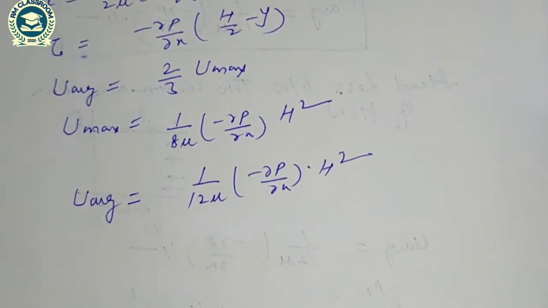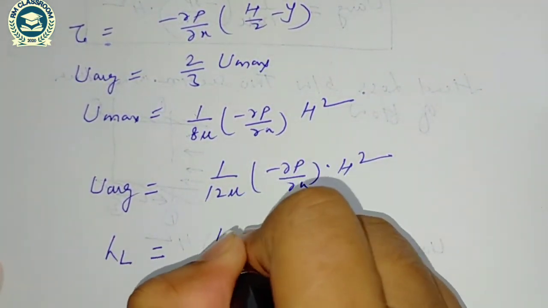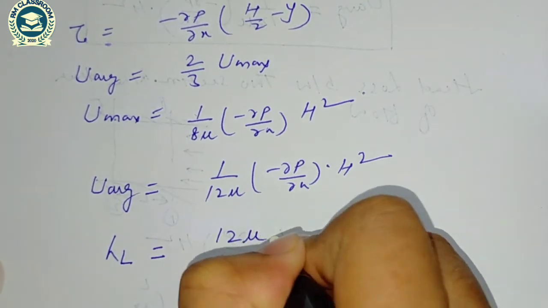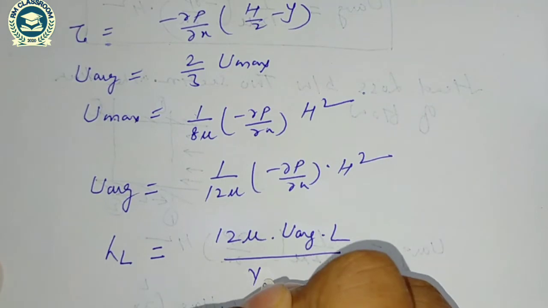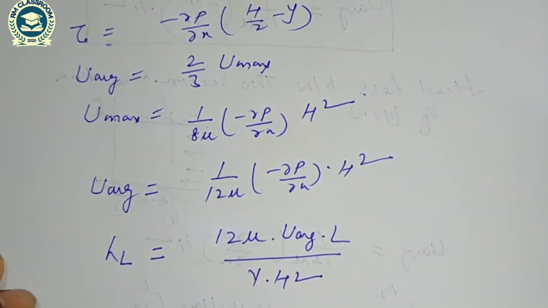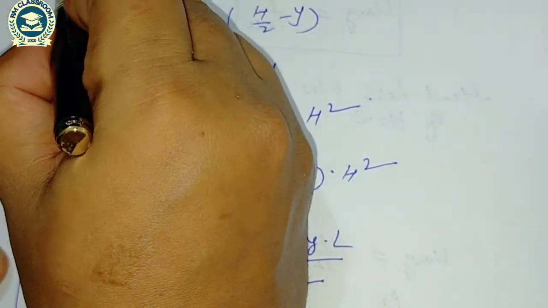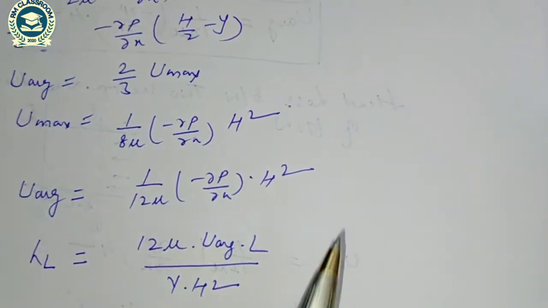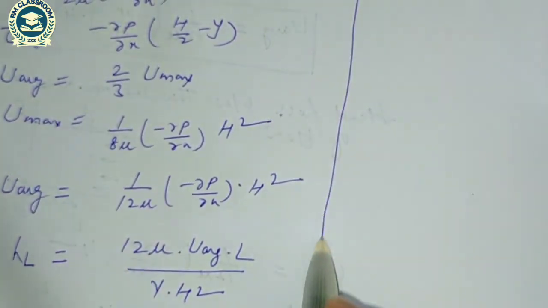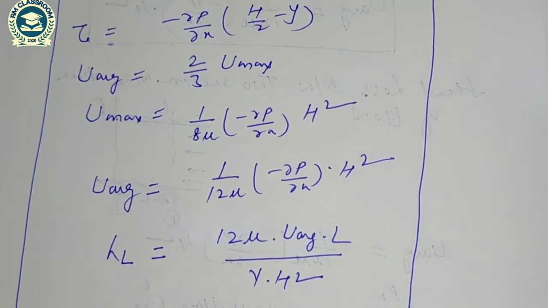And similarly, the head loss is equal to 12 mu into u average into L divided by gamma into h square. So this expression we have to remember for the parallel plates, and we have also seen the velocity profile and shear stress profile in this context.